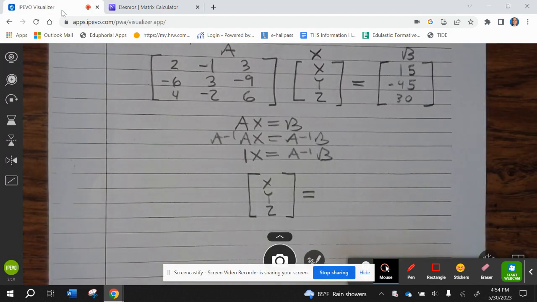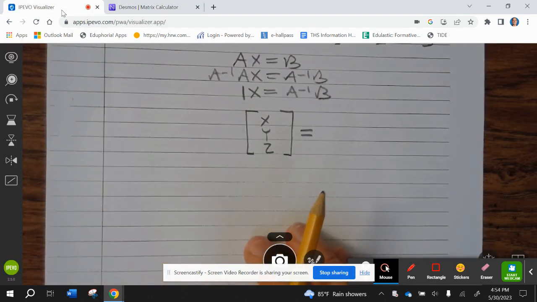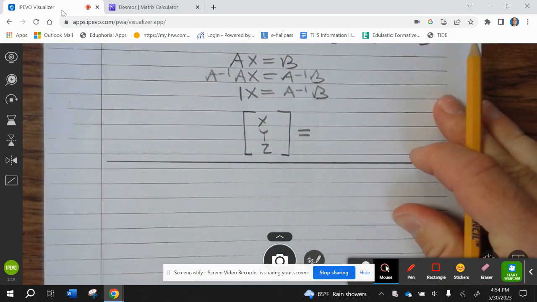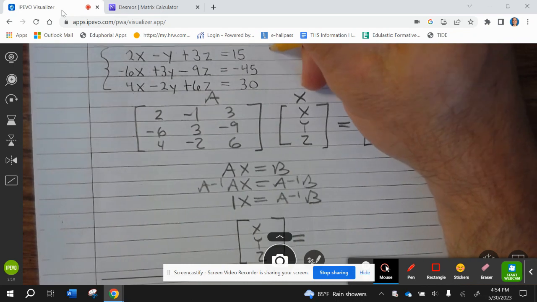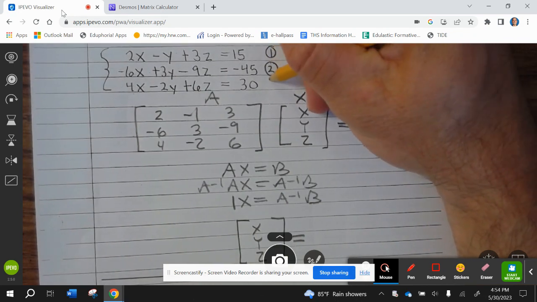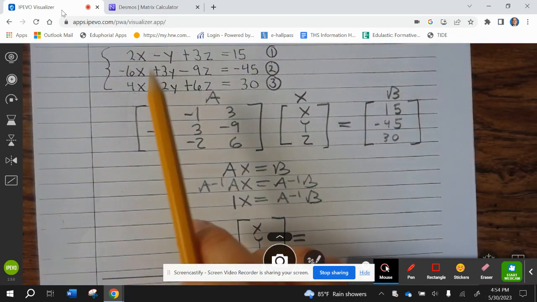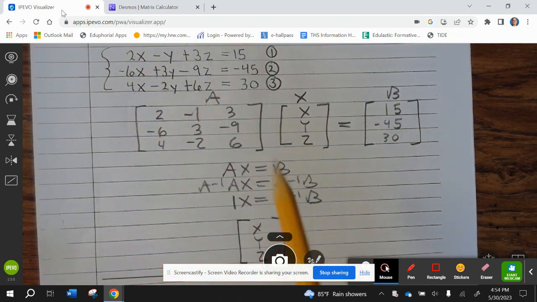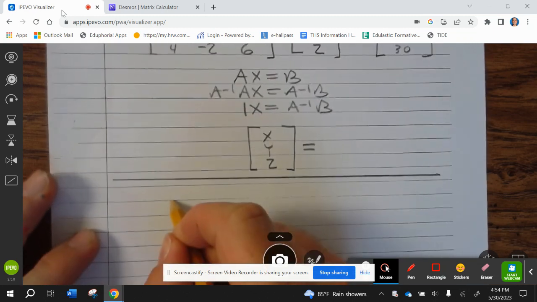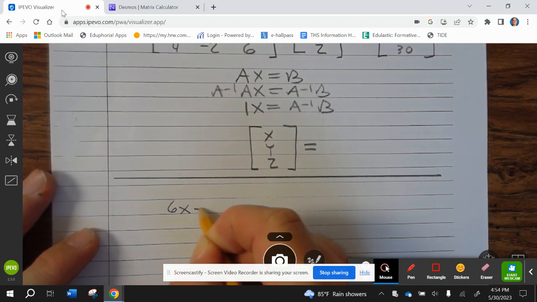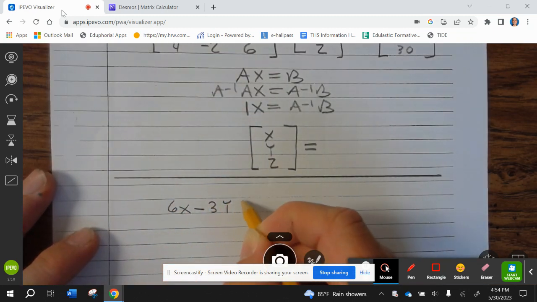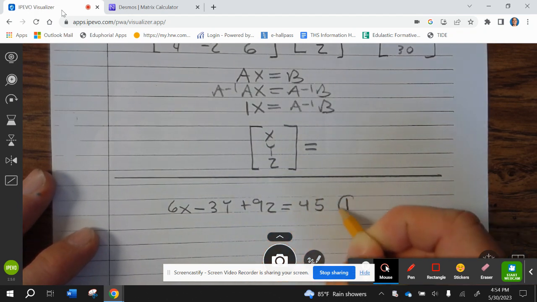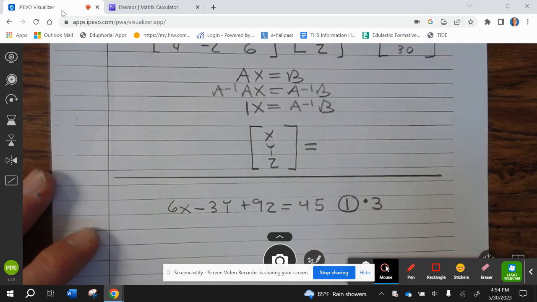So we're going to come over here. Let's number these equations 1, 2, 3. Now we're going to multiply equation 1 by 3 and combine it with equation 2. So that becomes 6x minus 3y plus 9z equals 45. That's equation 1 multiplied by 3.